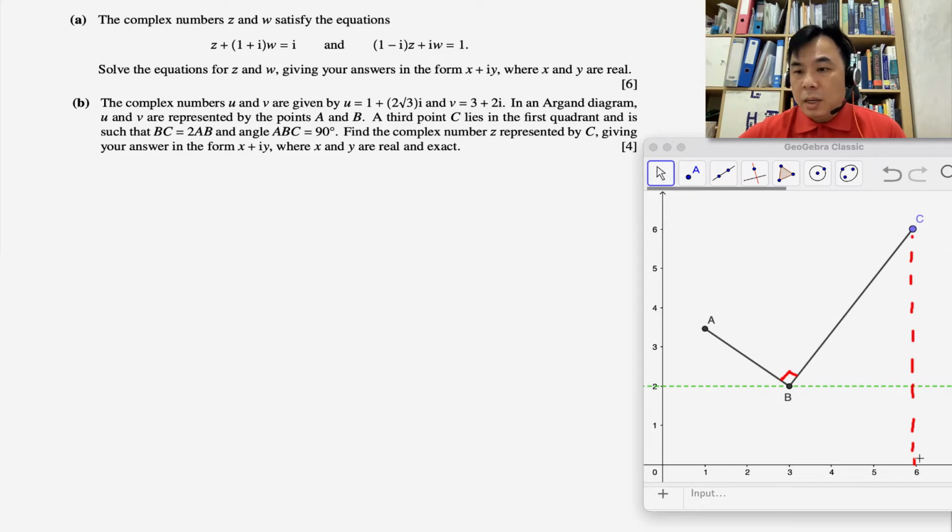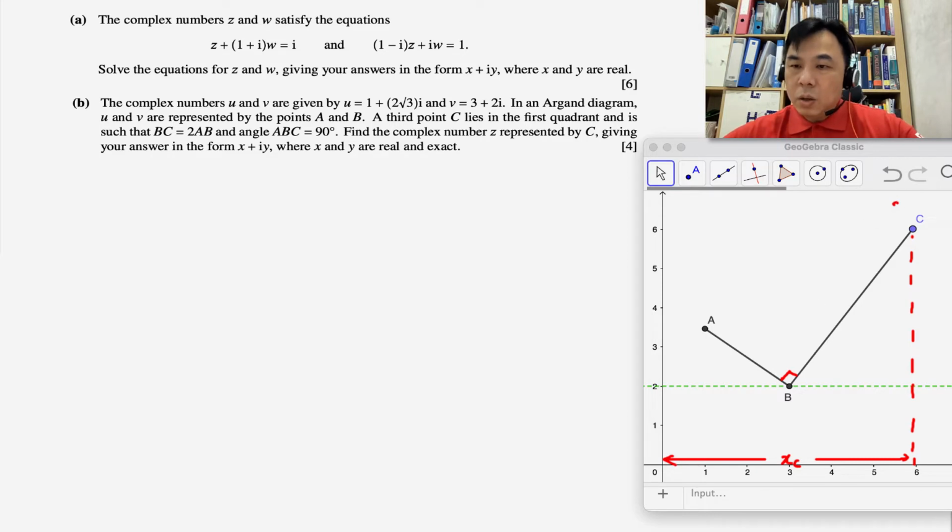I might have landed on 6 here, but don't take the 6 as the answer. We're going to verify it algebraically and through geometry. Now let's call this x coordinate of C, xc. So xc is from here to here.